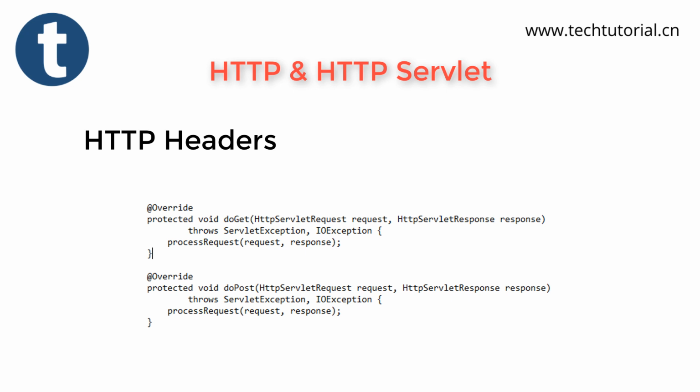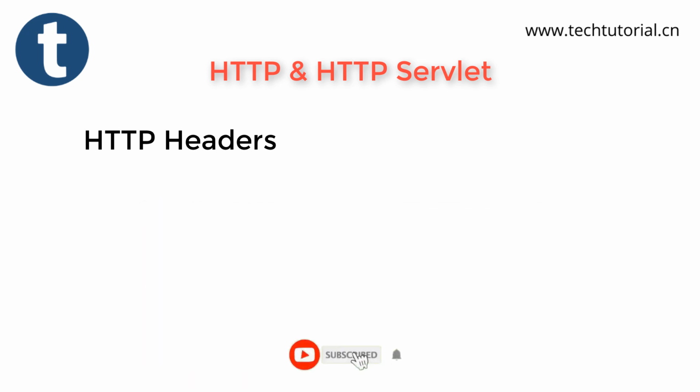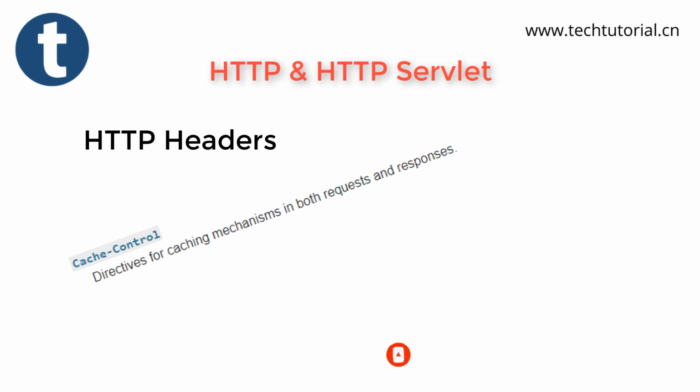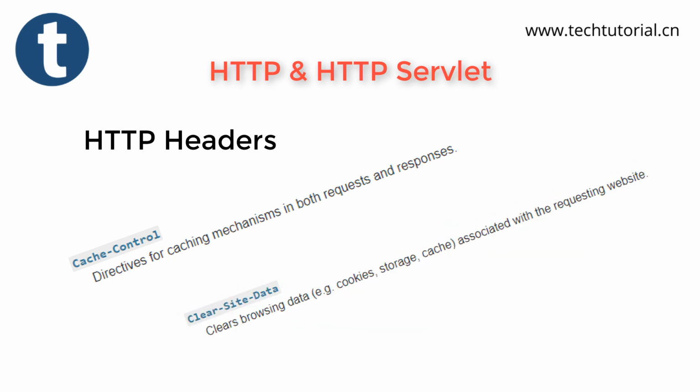But I also want to tell you about some HTTP headers that we have to know and will use in our project. One is Cache-Control, which will help us control the cache in our project. We want to store the cache or we don't want to store the cache. All of that setup is done by Cache-Control.